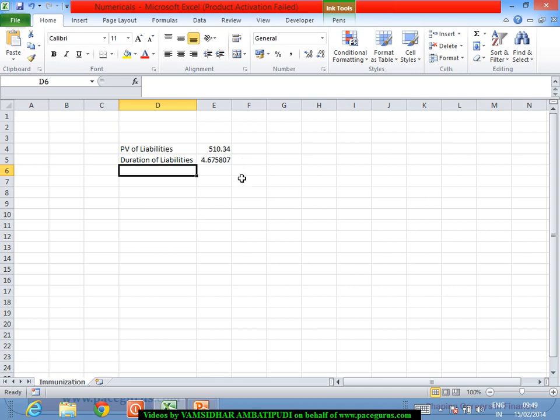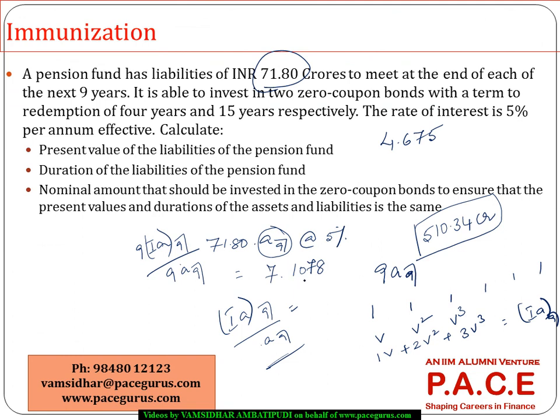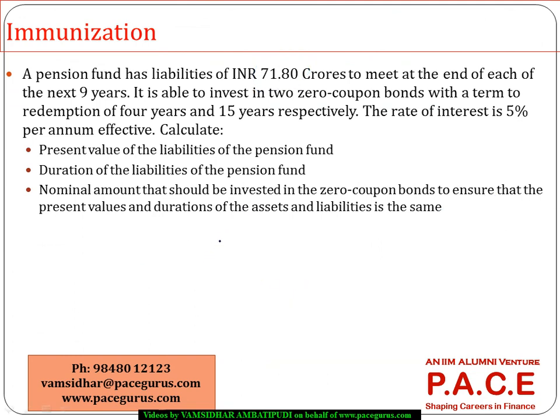Now I have to make sure that the assets which I am investing in also match. I have a 4-year maturity zero coupon bond and a 15-year maturity zero coupon bond. So let's say I am investing some X in one and some Y in the other.